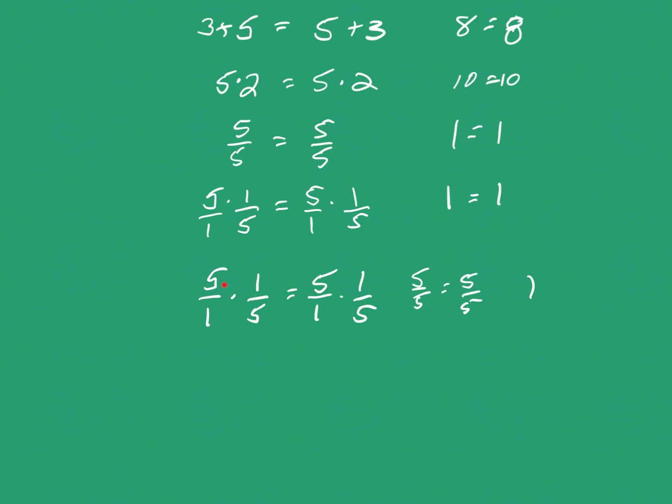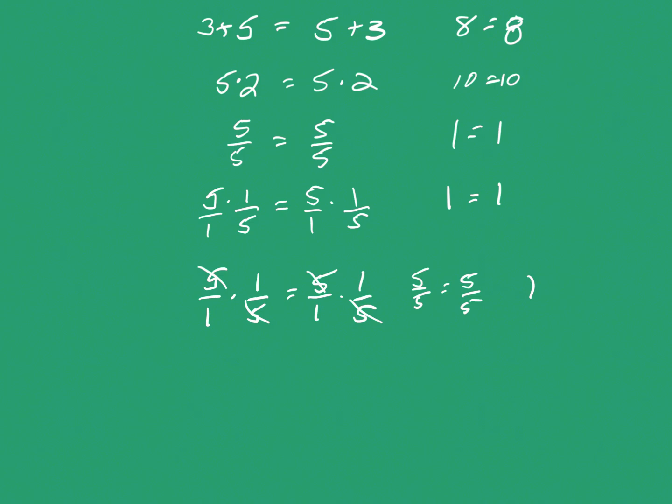This 5 here, and this 5 here, and this 5 here, and this 5 here make 5 over 5s. So they're really 1s. So they cancel out. You don't have to do the division. You can just say, oh, that cancels, that cancels, that cancels, that cancels.